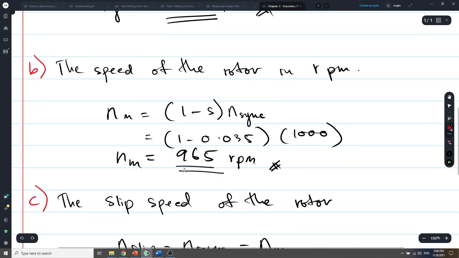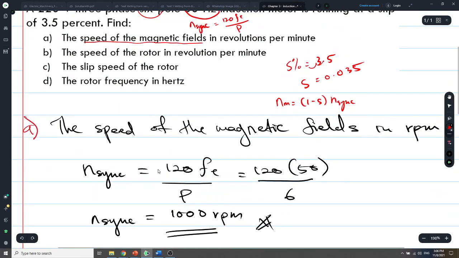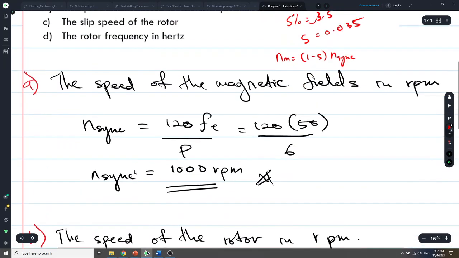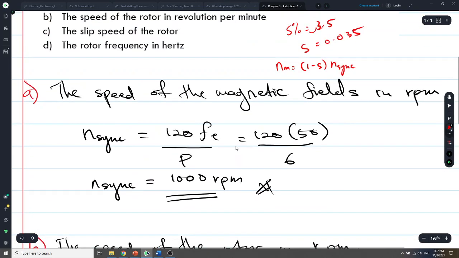So kalau kita tengok kat sini NM ni less than NSync, so 1000 and the NM is 900 something. And then the slip speed, which is the difference, NSync minus NM. So we get only 35. And then the rotor frequency in Hertz. So frequency tu senang je lah kan. Dah ada FE, so then kita boleh dapat lah.